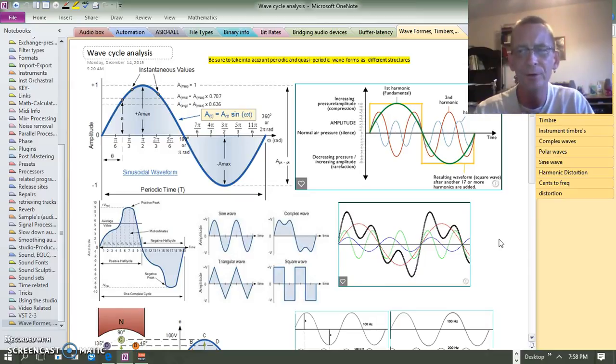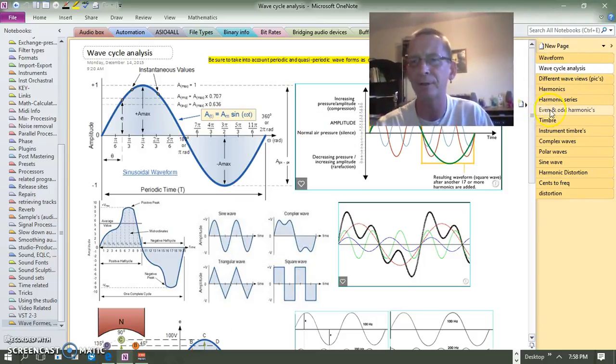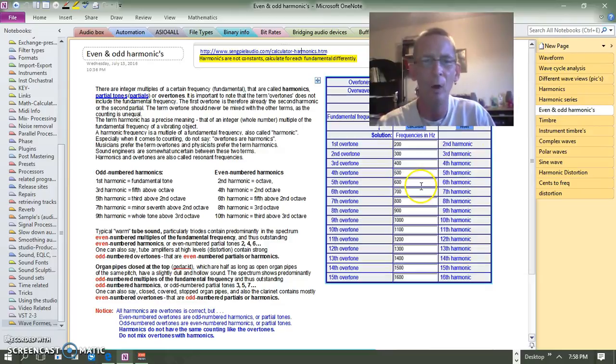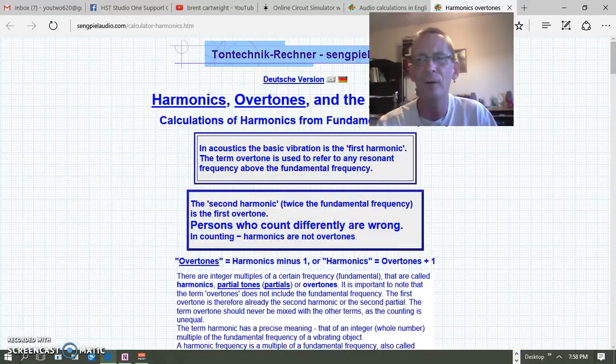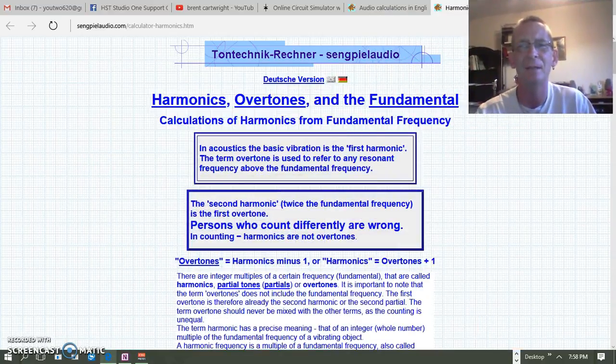When you're looking at even and odd harmonics, really understand what even harmonics are, what odd harmonics are, what harmonic distortion is, so that when you're looking at something, you understand what's happening there. And what a timbre is, so you understand what the timbre content of a sound is, and how it's coming together for a complex waveform. Those are very important basic understandings.